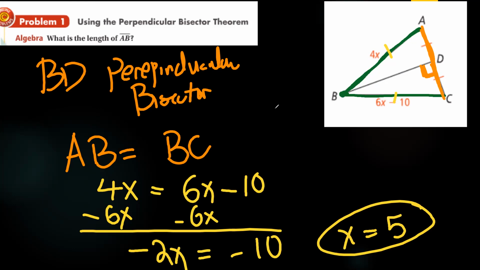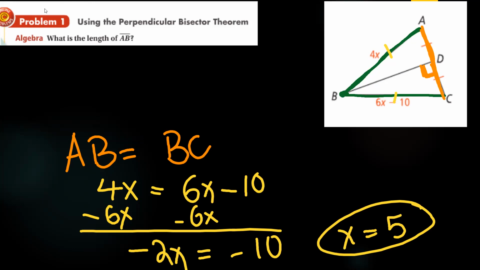Is it clear? Yes, miss. Now, what did they ask me to find? They asked me to find the length of AB. So don't stop here. You find x, but what did I want you to find? I want you to find AB. It's going to equal 20. Bravo.